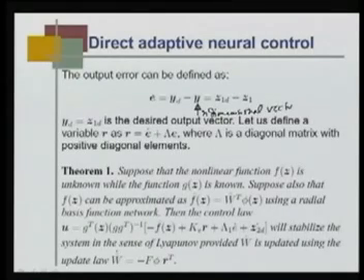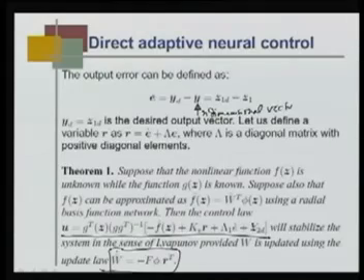Suppose also that f(z) can be approximated as f hat(z) equal to W hat transpose phi(z) using a radial basis function network, then the control law given by this expression, u is g transpose into g g transpose inverse whole multiplication, minus f hat(z) plus Kv R plus this term into E dot plus Z2d dot, will stabilize the system in the sense of Lyapunov, provided W hat is updated using the update rule W hat dot is minus Phi R transpose.